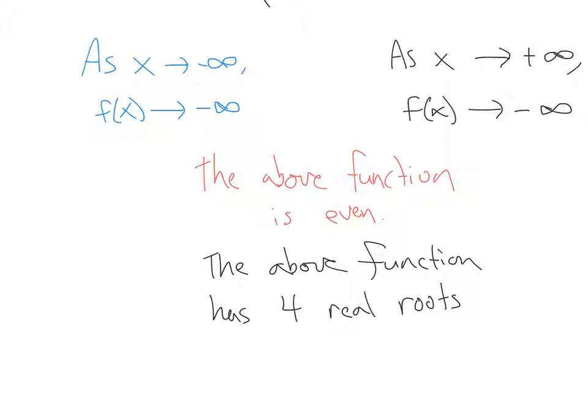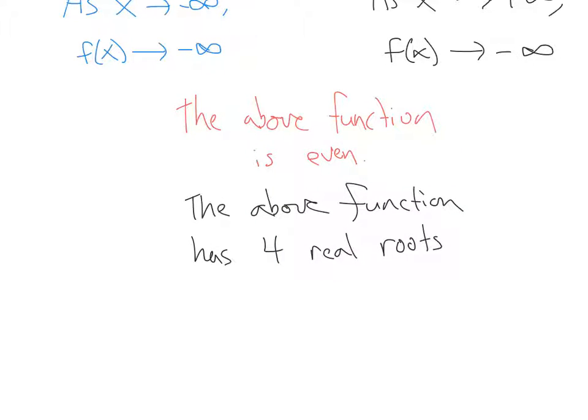Another word for root is a solution. Or you might also see the word zero. Okay, so the above function has 4 real roots, solutions, or zeros. Any of these words are acceptable. I forgot my S there.